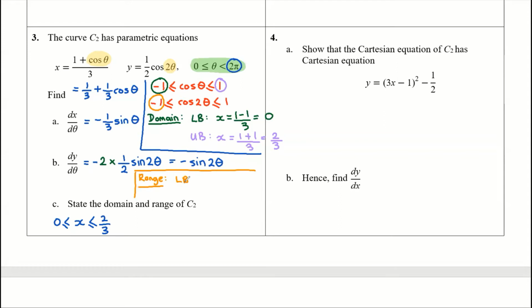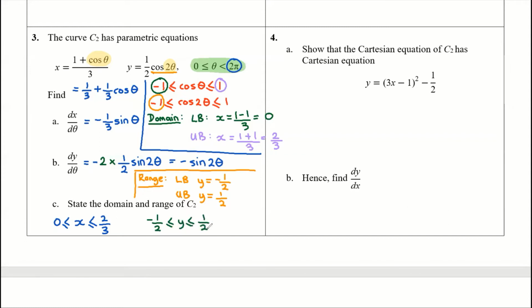Well, that just means that y is just going to equal -1/2, because the cos 2 theta part here is just going to be replaced with -1. And then the upper bound, y is simply going to be the cos 2 theta replaced with 1. So that's going to be +1/2. So let's write down the range now. So anything between -1/2, y, and +1/2.